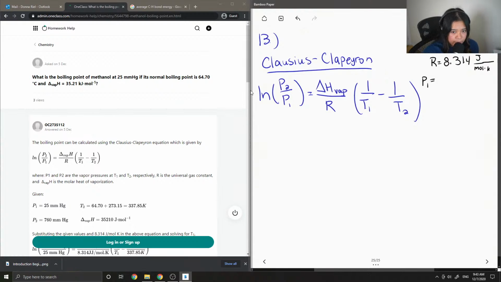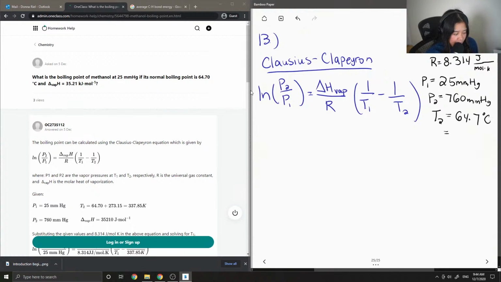P1 is given in the question, 25 millimeters of mercury. P2 will just be equal to the pressure at standard temperature and pressure values, which is 760 millimeters of mercury. T2 is equal to 64.7 degrees Celsius, but we are going to convert it to Kelvin just to make everything in the same units.